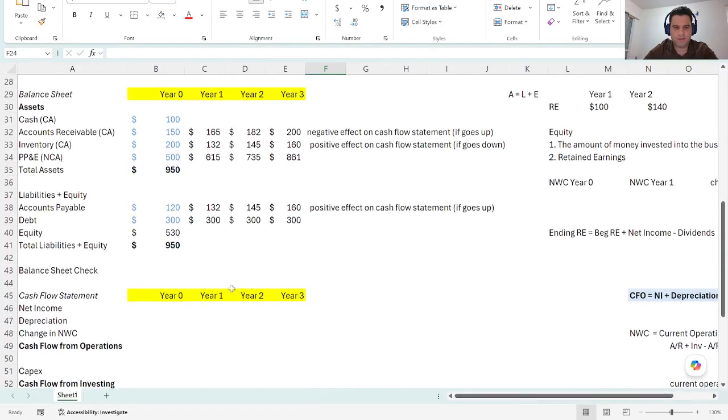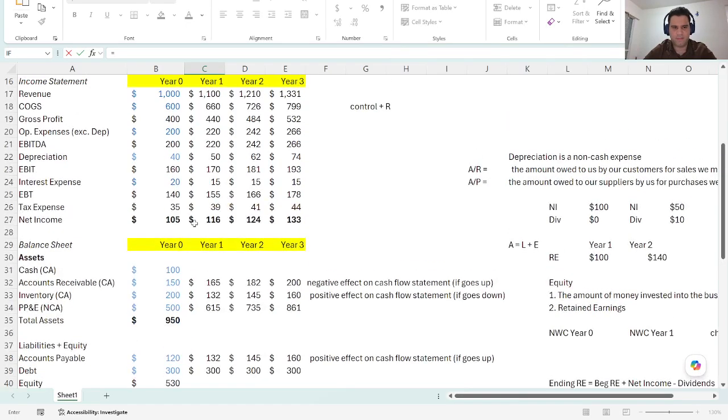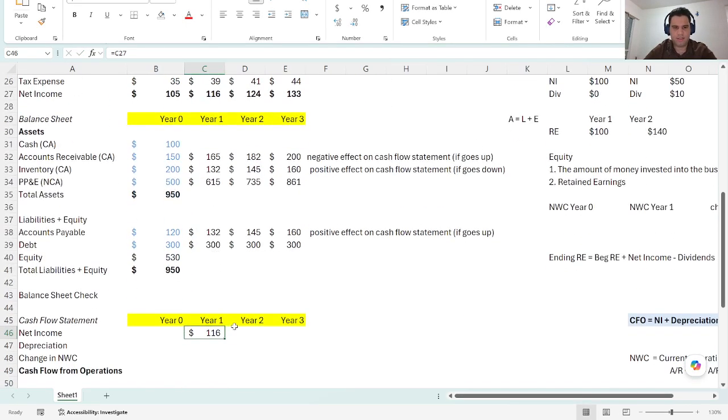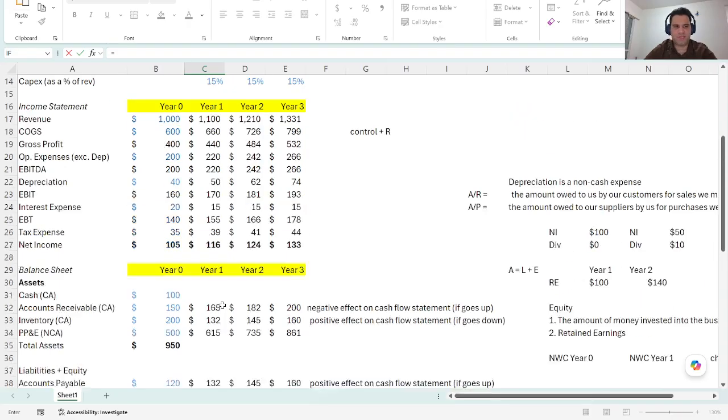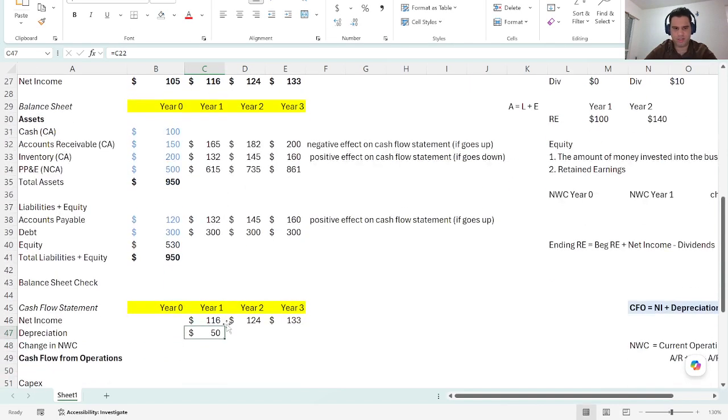So now we can fill out sections of our cash flow statement. We start with net income. Net income is given here. We add back depreciation because depreciation is a non-cash expense. It's an accounting adjustment. No cash left our bank account, so we need to add back depreciation.